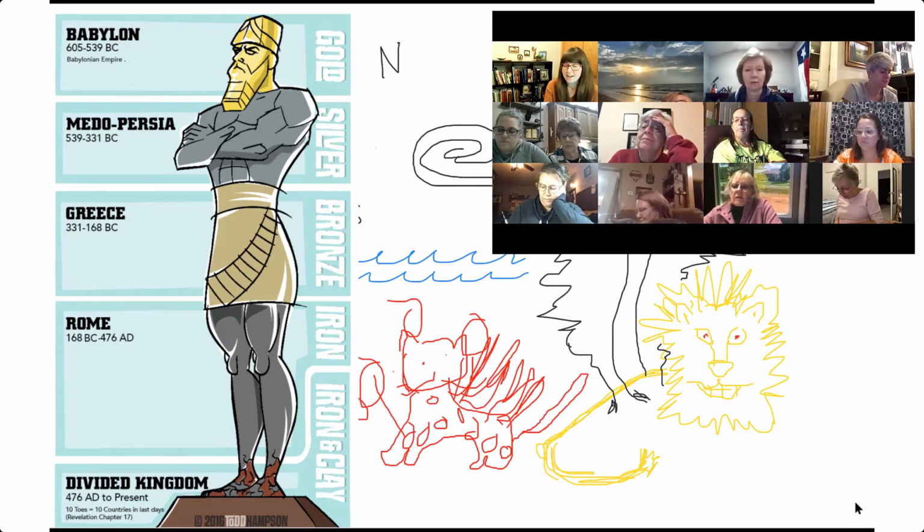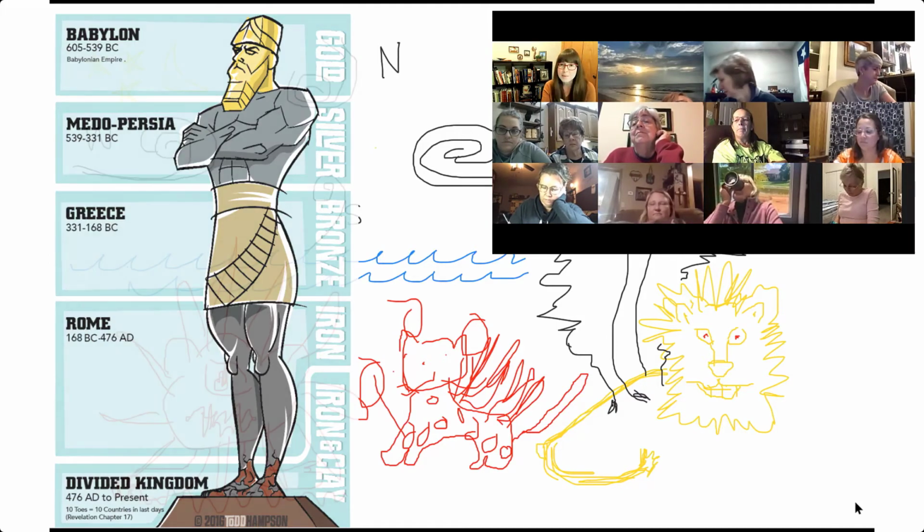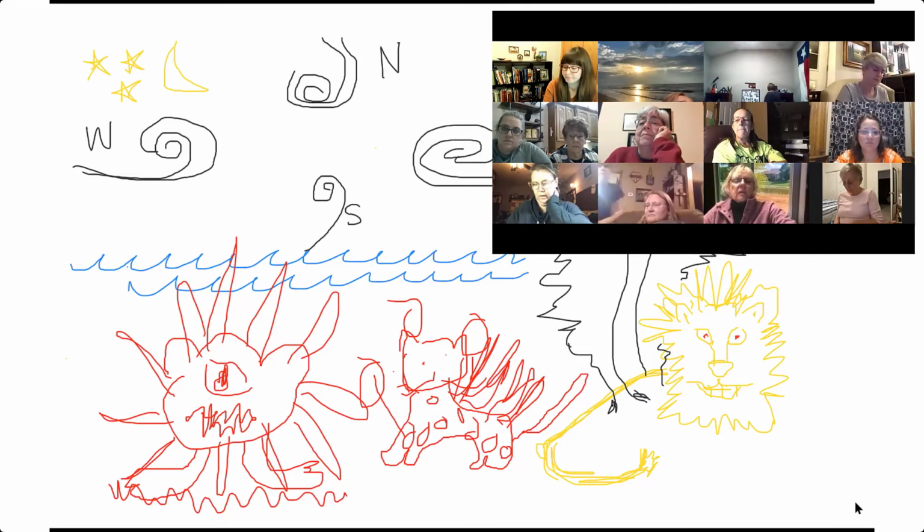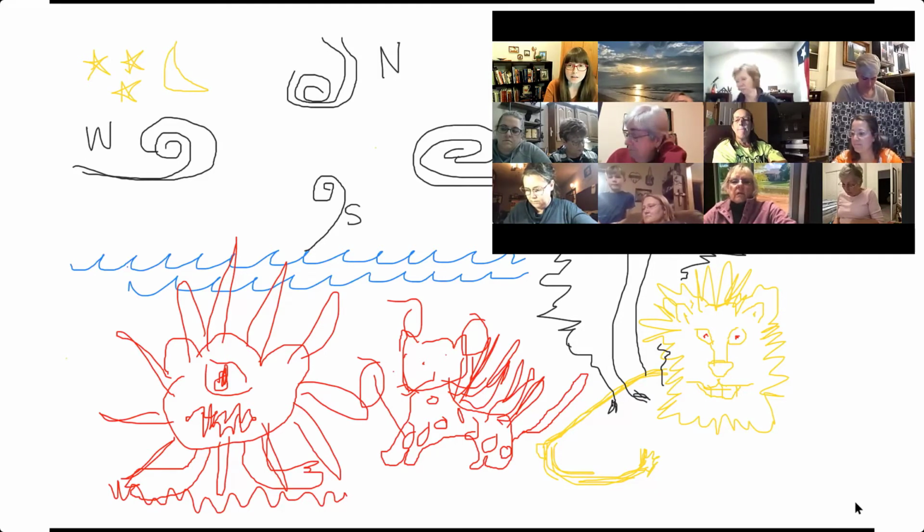So this vision echoes Daniel chapter 2, and it's all the same kingdoms. Some people think, I'll wait until we get to the interpretation, that the little horn that pops up represents Greece, and that would have been Antiochus Epiphanes.